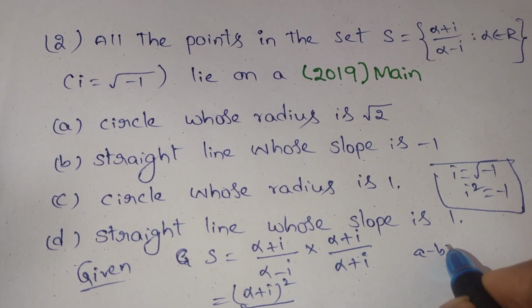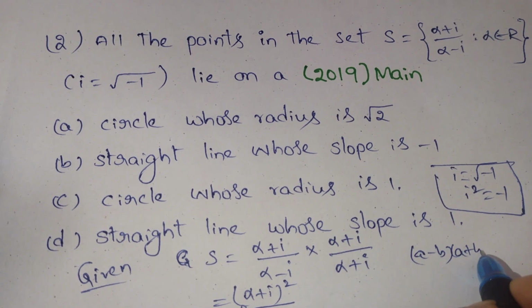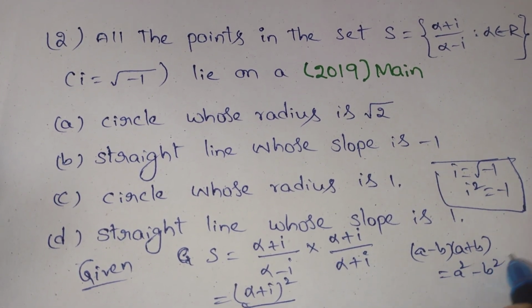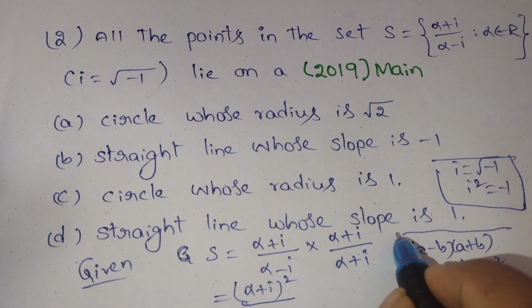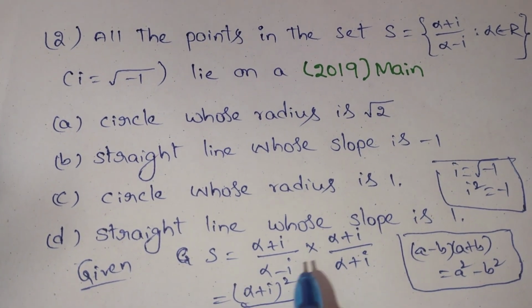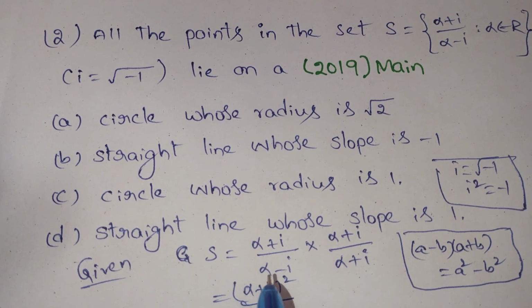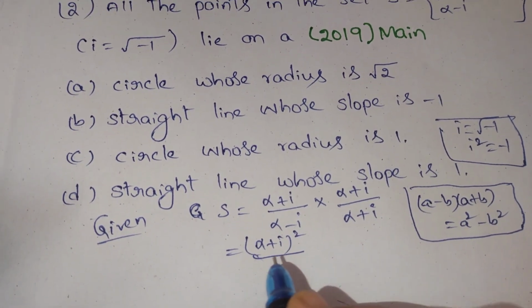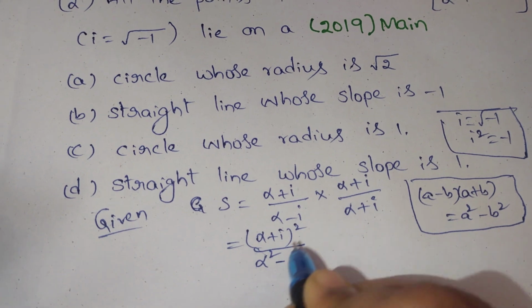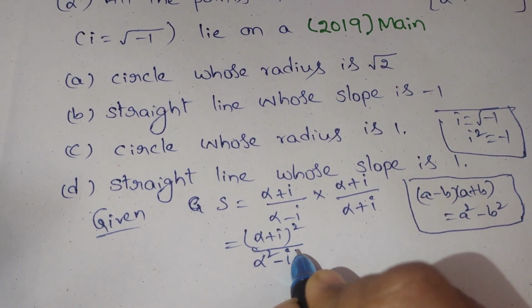What is the formula for a minus b into a plus b? That is a square minus b square. So the denominator, in the form of a minus b into a plus b, is a square minus b square. a is alpha, so alpha square minus b, which is i square.